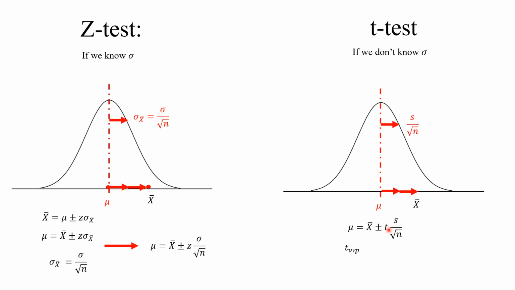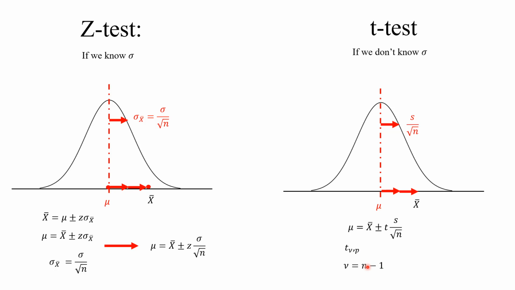The t-value is different than the z-value because it is not only a function of the probability, but also a function of nu, which is the degree of freedom, which is the number of data points minus 1.